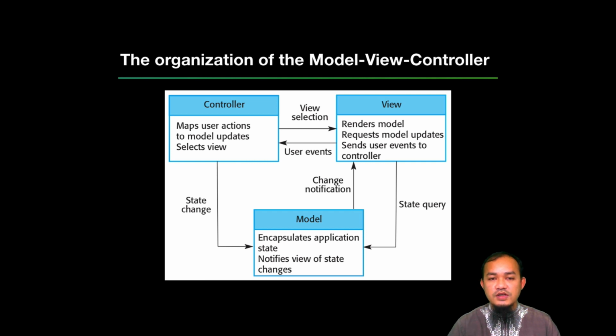For example, when the user requests some action to the system, the controller takes the action and guides it to the part that handles it, whether it relates to the database or some kind of data. It sends it to the model, and then we view the data via the view.